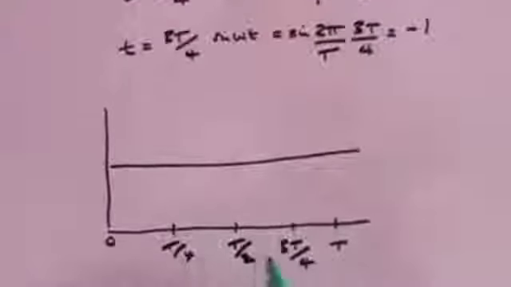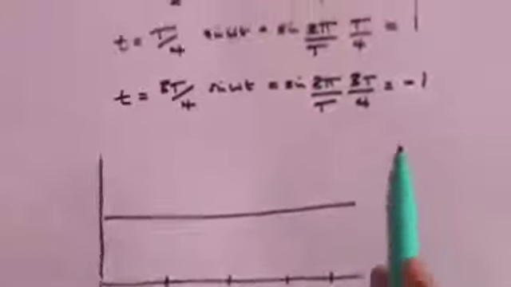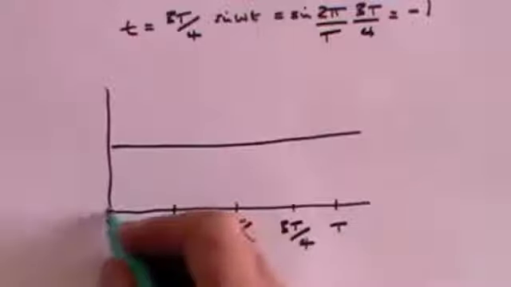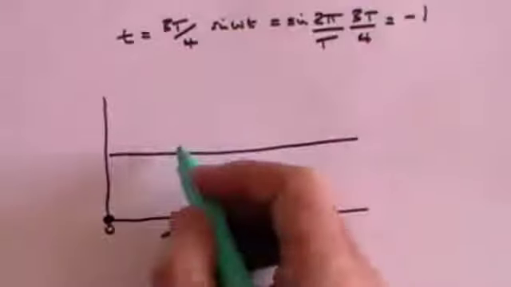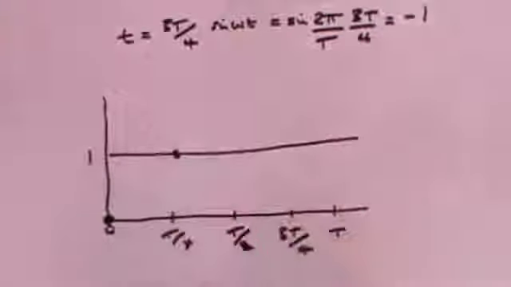So now if we plot what we've just found, let's say this is 0, this is T over 2, this is T over 4, and this is 3T over 4. So we're going quarter T, half T, 3/4 T, and T. We can put our values in. When t was 0, sine omega t is 0. When t was T over 4, sine omega t was 1. Let's say that that's the value of 1. When t was T over 2, sine omega t was 0.